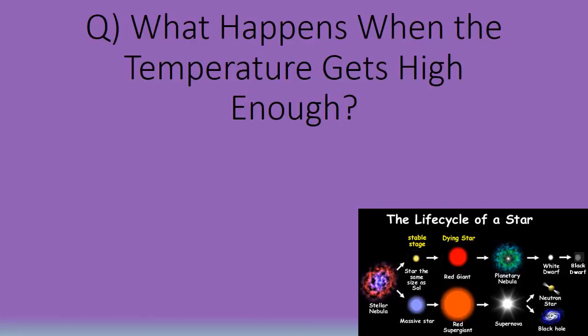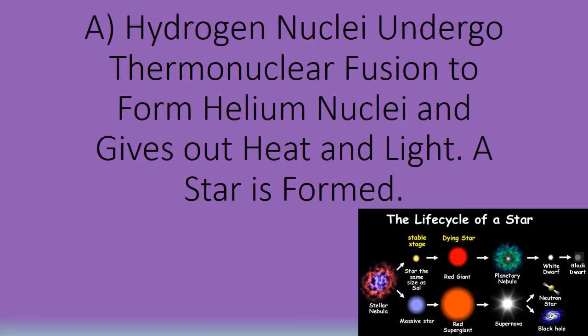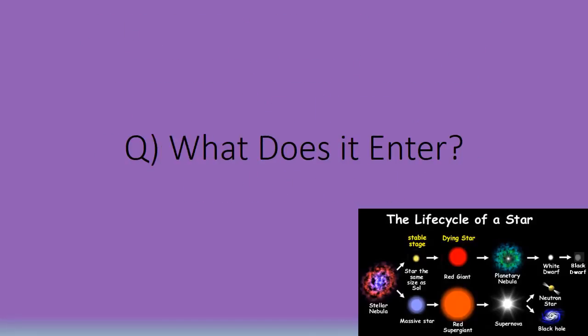What happens when the temperature gets high enough? Hydrogen nuclei undergo thermonuclear fusion to form helium nuclei and give out heat and light. A star is now formed. What does it enter?